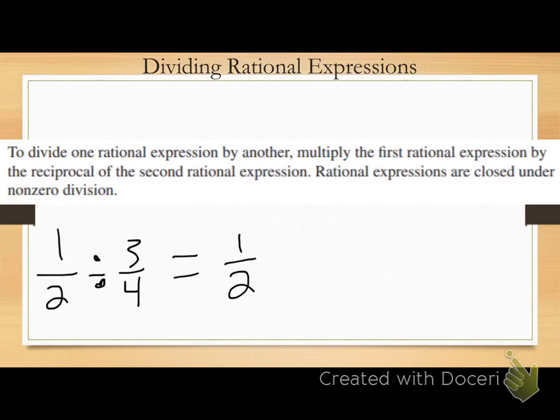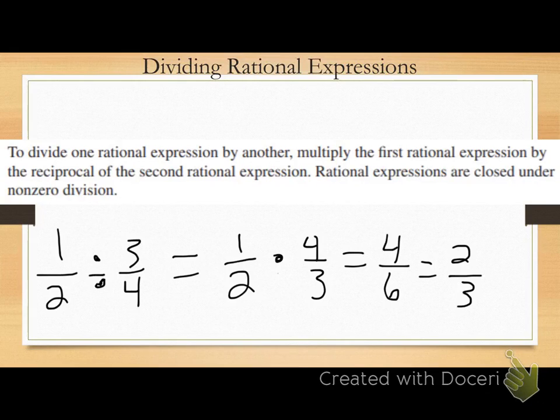So 3 over 4 becomes 4 over 3. And I change from division to multiplication. And then that's just a multiplication problem that I can multiply straight across my numerators, my denominators. What's 1 times 4? 4. 2 times 3? 6. It reduces down to 2/3.